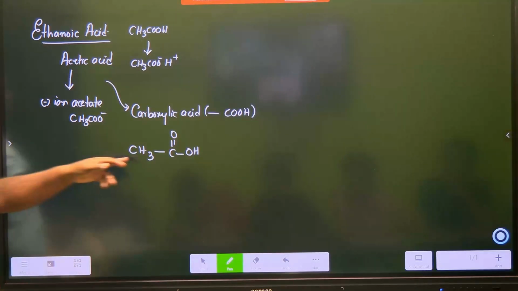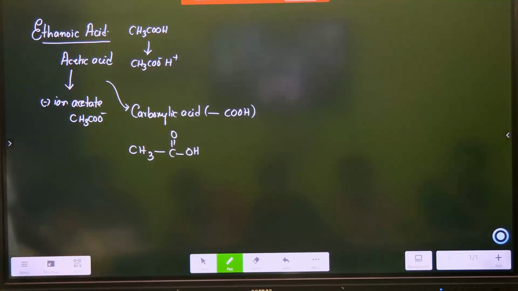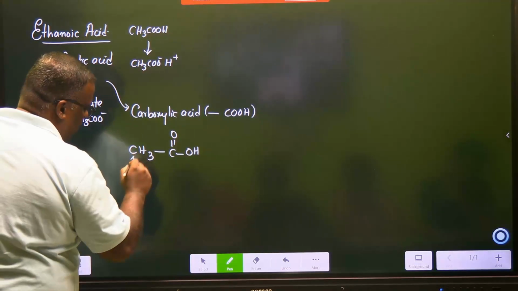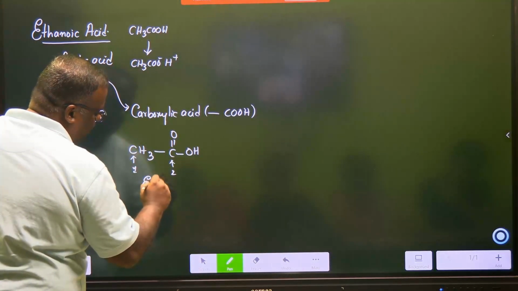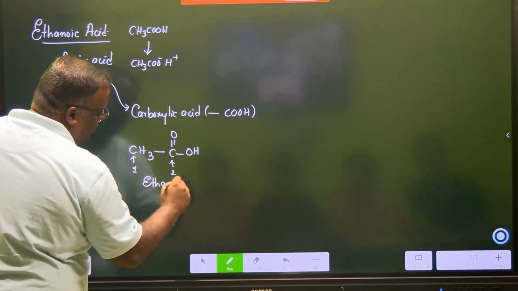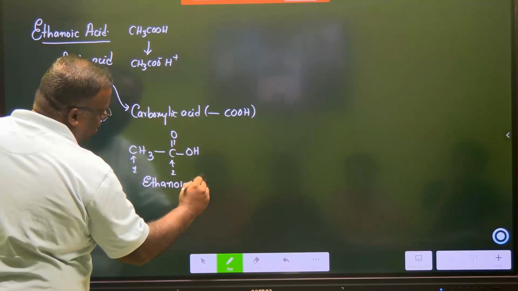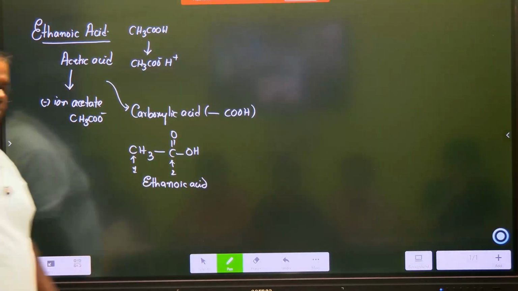So that's how you get the formula CH3COOH. Right? Since we have two carbons, carbon number 1 and carbon number 2, we use the word eth, and ethane, so the alkane's E becomes oic acid. Clear so far?